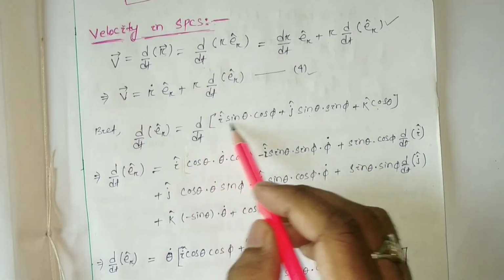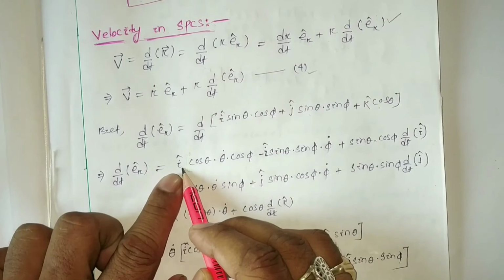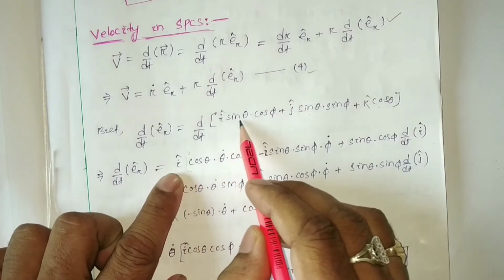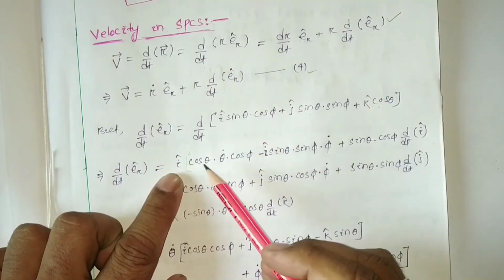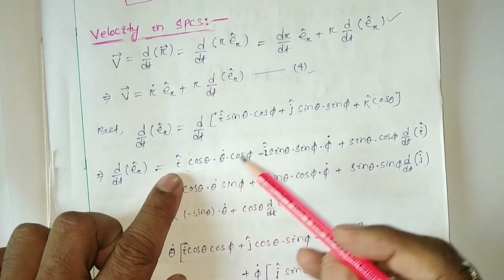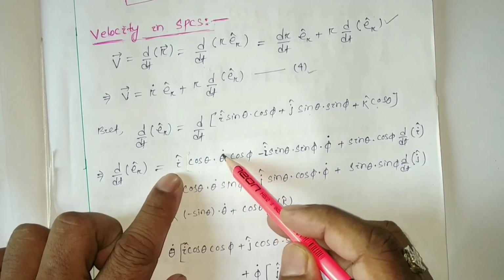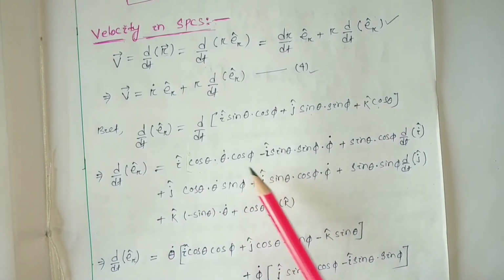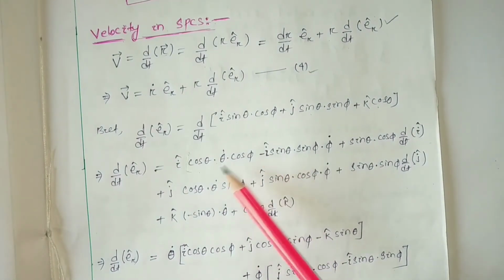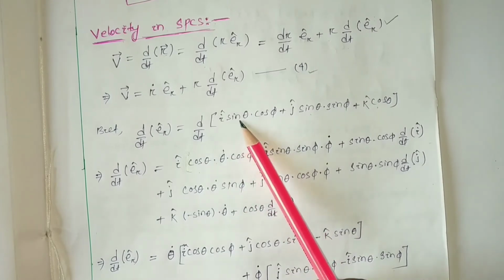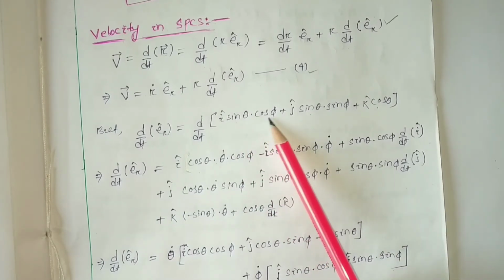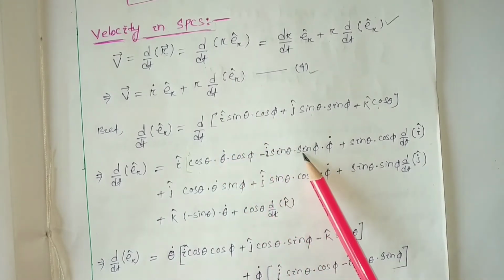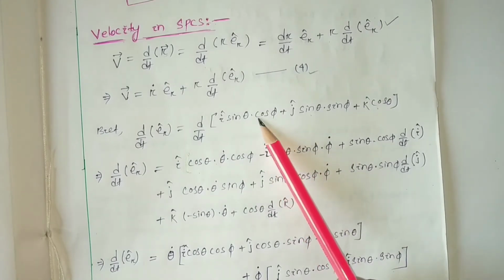So d by dt of this one, here you can see i cap, d by dt of sin theta cos theta into d by dt of theta, that means theta dot, into cos phi, then minus i cap sin theta, cos phi derivative with respect to t, that means minus sin phi.